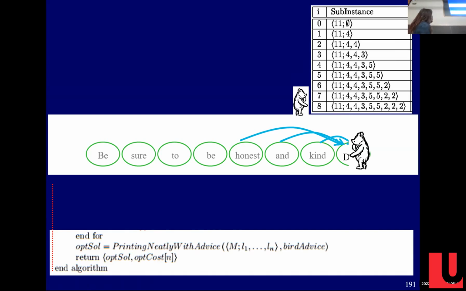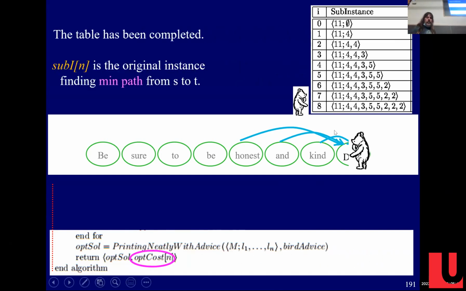All right, so we found them all, and what is the cost of the minimal solution? Oh, you can see here. This is cut and pasted, I guess, from doing min path. But that's okay. The cost is there, right? But here, the optimal solution: we don't have the optimal solution because we didn't compute it as we went along, right?